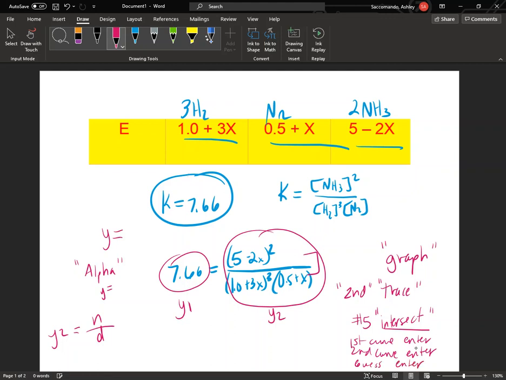Hold on, I'm going to look at my calculator now because I did just graph one. In the lower corner, it should say x equals and then a number, and that is going to be your x value. So first curve, enter, second curve, enter, guess, and then it gives you the intersection.